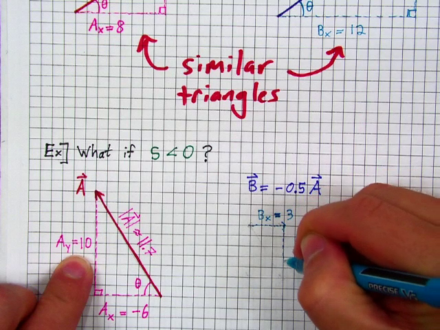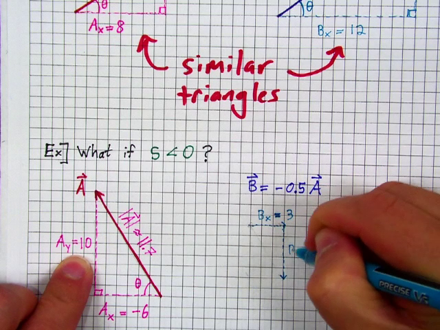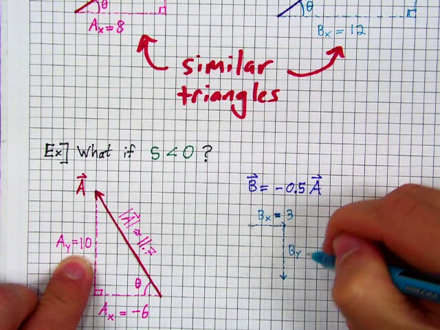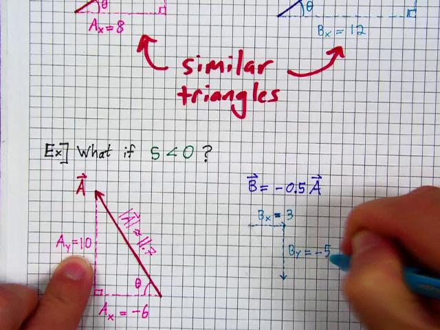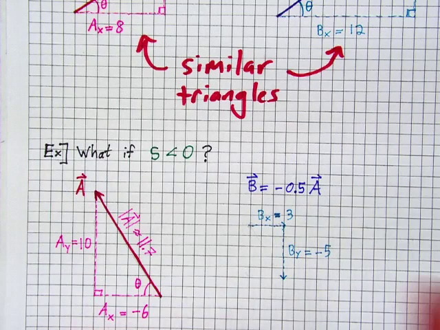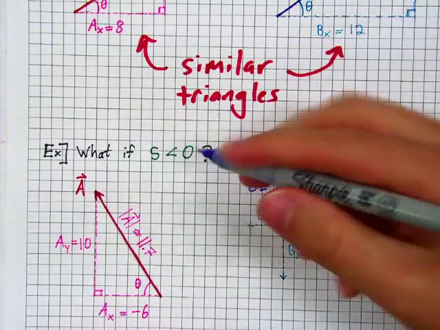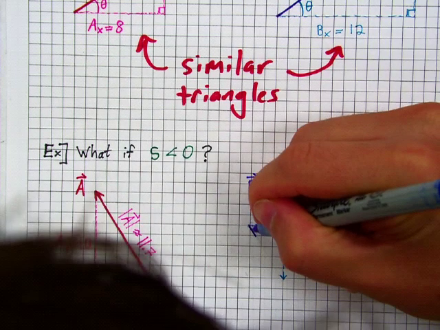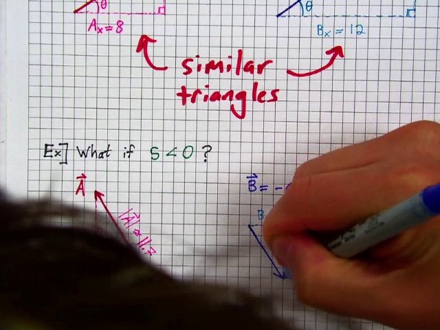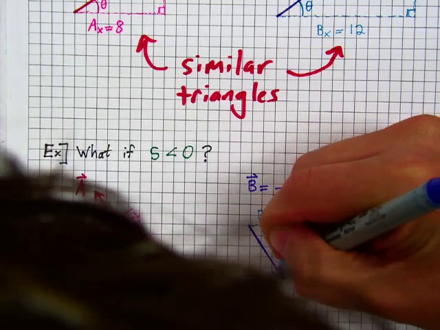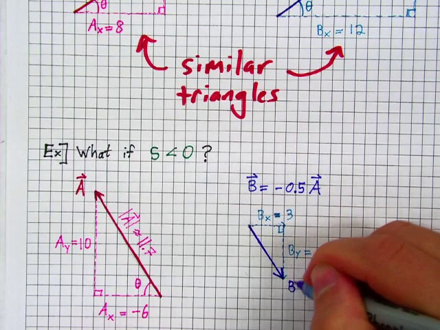Let's go down 5. And with those components, we can now draw in B. Those are the legs of our right triangle. We can draw in the hypotenuse. B goes to the right and down. So there is our vector B right there.